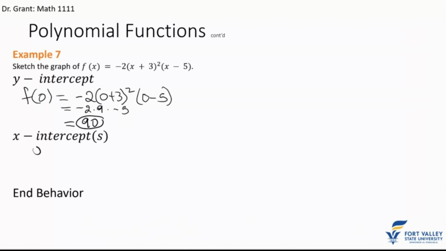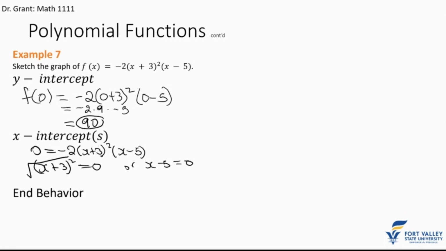Now to find my x-intercept, I set f of x equal to 0. Well, in this case, we already have factors. We know that -2 is not equal to 0. So either x plus 3 squared equals 0, or x minus 5 equals 0.